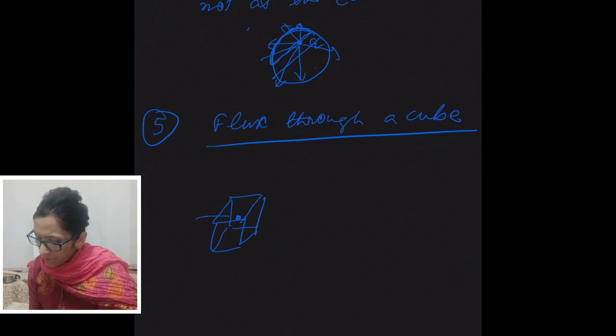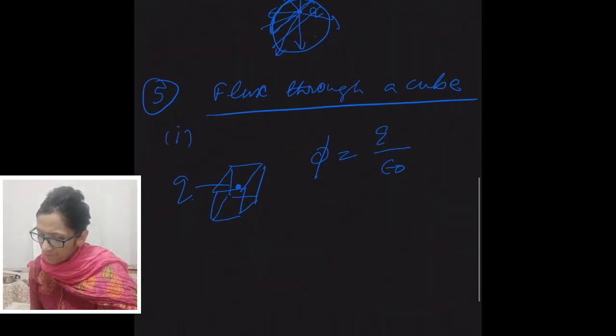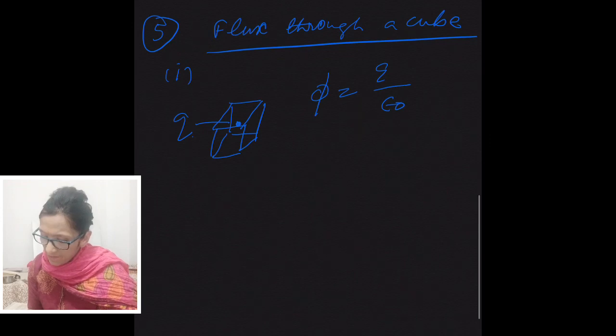And suppose the charge is placed at the center. A charge q is placed at the center. So the flux through the cube, phi, is equal to q net by epsilon naught. This is one case.